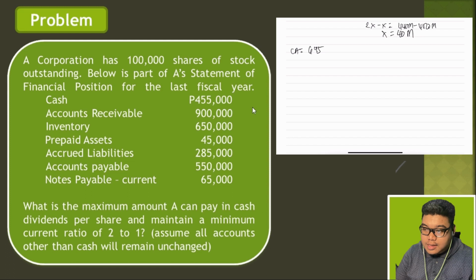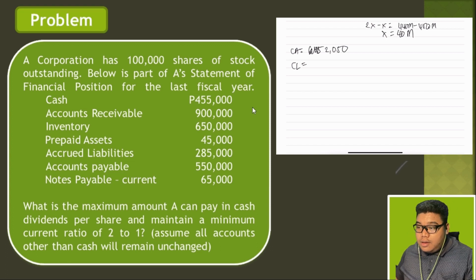Let's repeat that: 455 plus 900 plus 650 plus 45. That is rather 2,050,000 for current assets, and our current liabilities would be 285 plus 550 plus 65. We have 900,000.